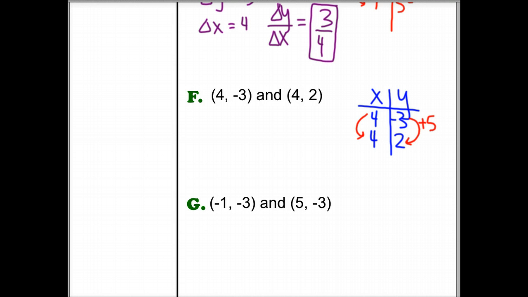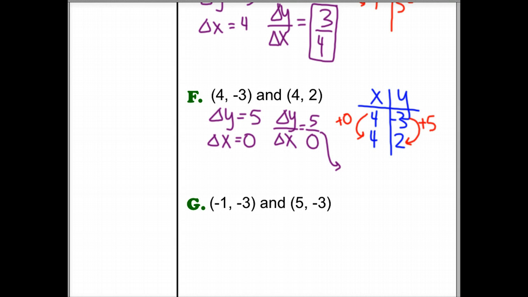And from 4 to 4, we're adding 0. So our change in y is 5, and our change in x is 0. So now we write it as the change in y over the change in x, which is 5 over 0.